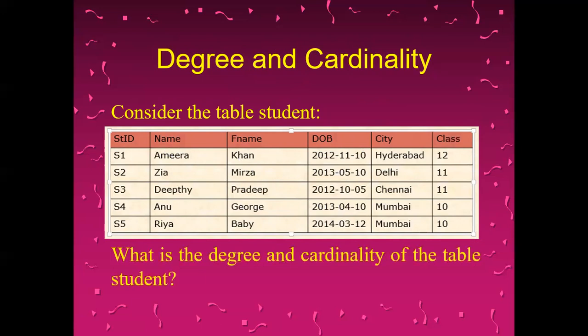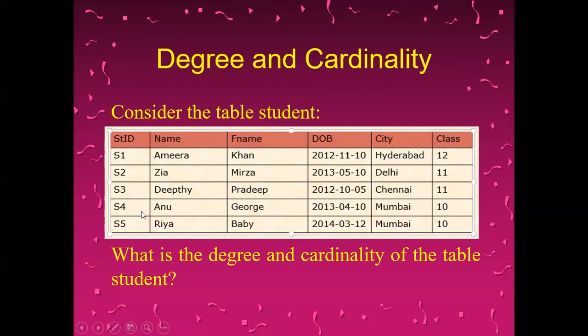So what is degree? Degree means the number of columns in a table. How many columns are there in this table? 1, 2, 3, 4, 5 and 6. So there are 6 columns in the table. So degree is equal to 6. And what do you understand by the term cardinality? It means the number of records in a table.